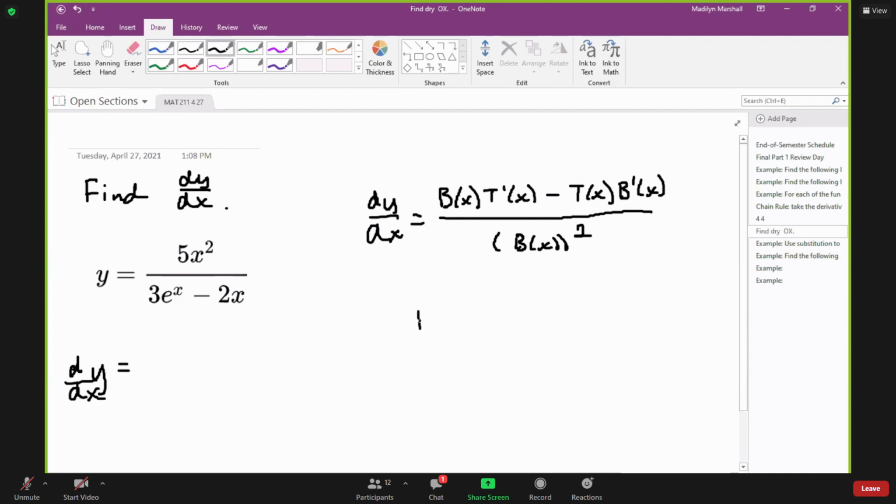So we should always identify the top and the bottom, which is just the numerator and the denominator.